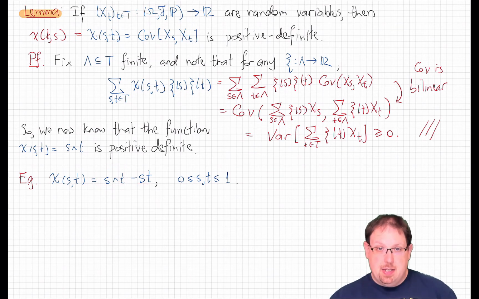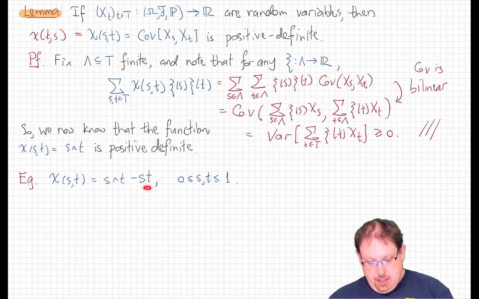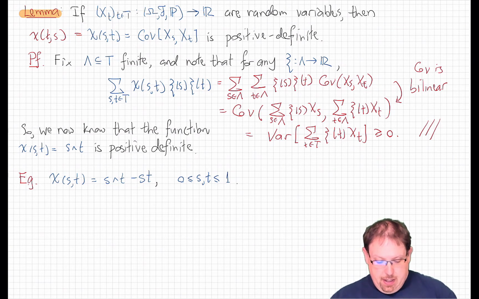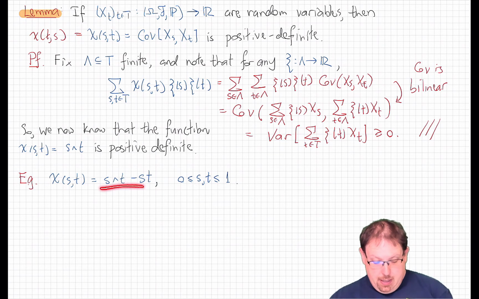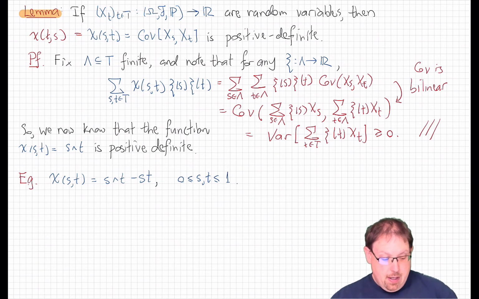minus s times t. Now, this isn't even positive valued if s or t is negative or greater than 1. But if we restrict s and t to be in the unit interval, then this is a positive definite function. Again, we could do a whole bunch of matrix determinant calculations in order to show that without any understanding of why it's true.